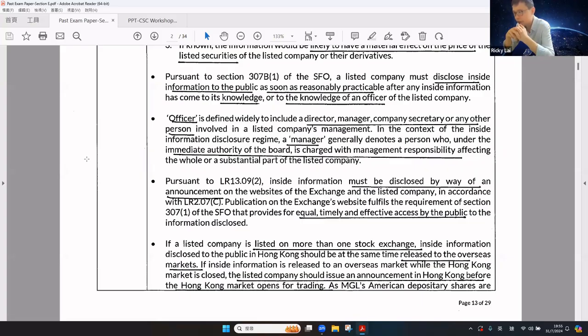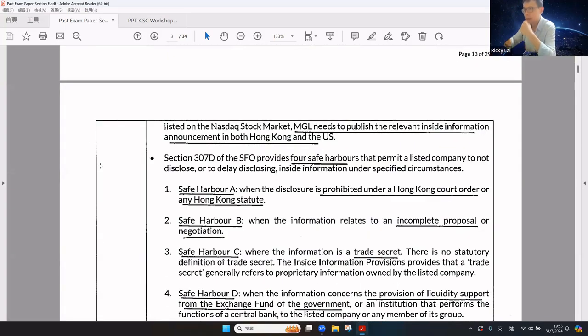If the inside information is released to an overseas market while the Hong Kong market is closed because of time zone difference, the listed company should issue the announcement in Hong Kong before the Hong Kong market opens for trading. Because the company's ADRs are listed on the Nasdaq stock exchange, the company should publish the inside information announcement in both the Hong Kong and the US market.